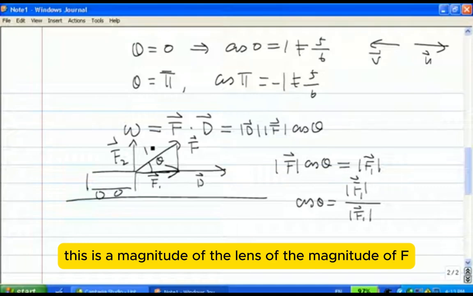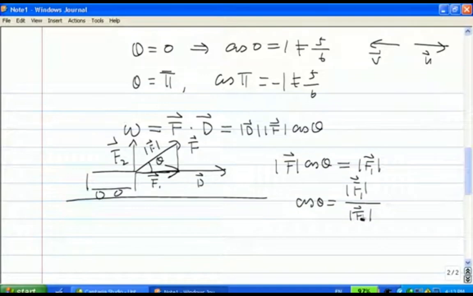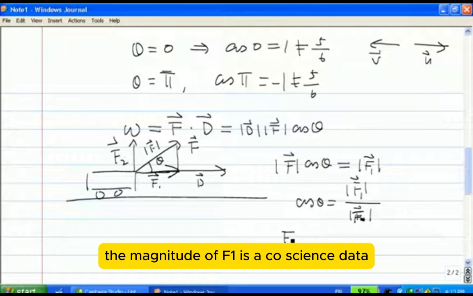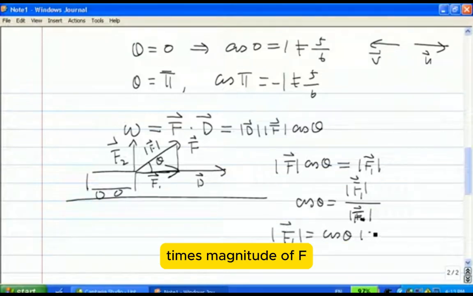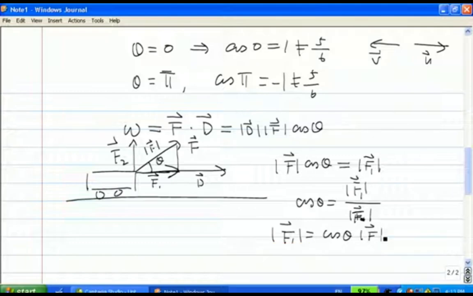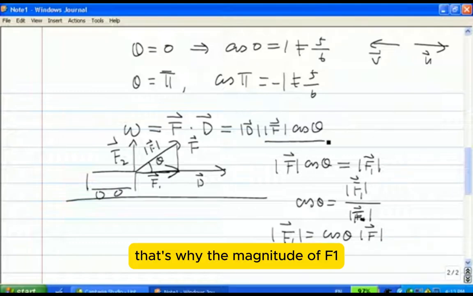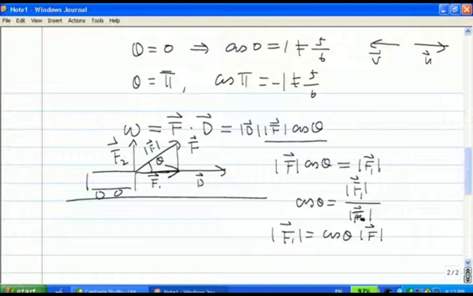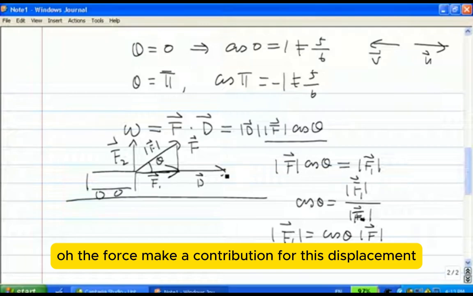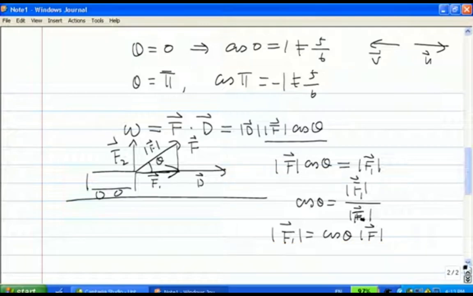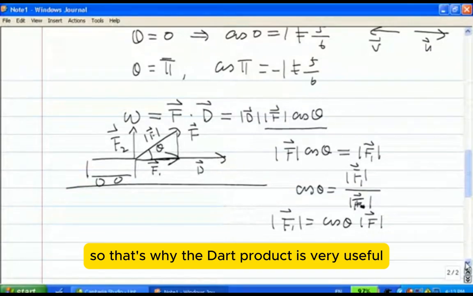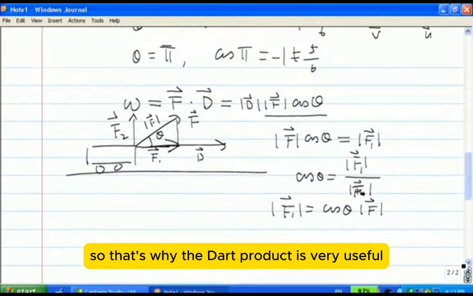This is the length of the magnitude of F. So therefore, the magnitude of F1 is cosine theta times the magnitude of F. That's why the magnitude of F1, which is really the work of the force, makes a contribution for this displacement. So that's why the dot product is very useful.